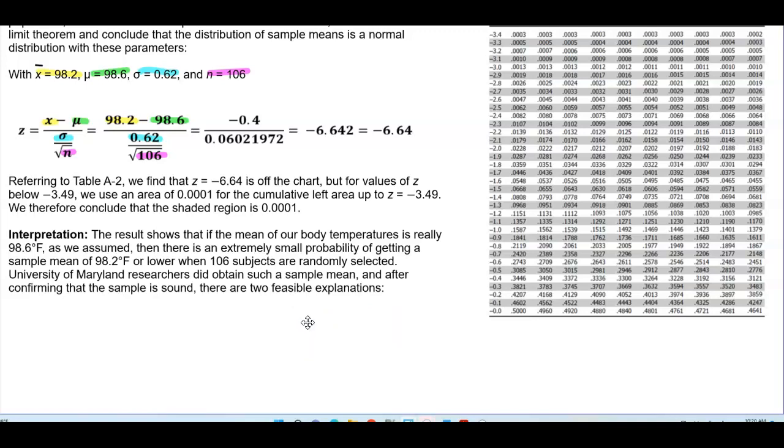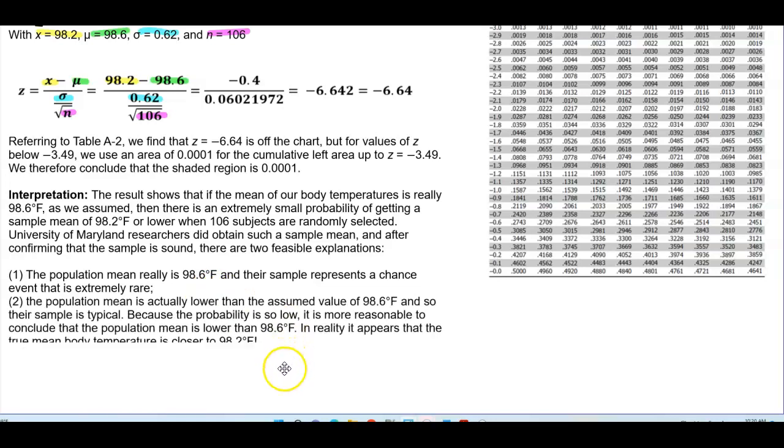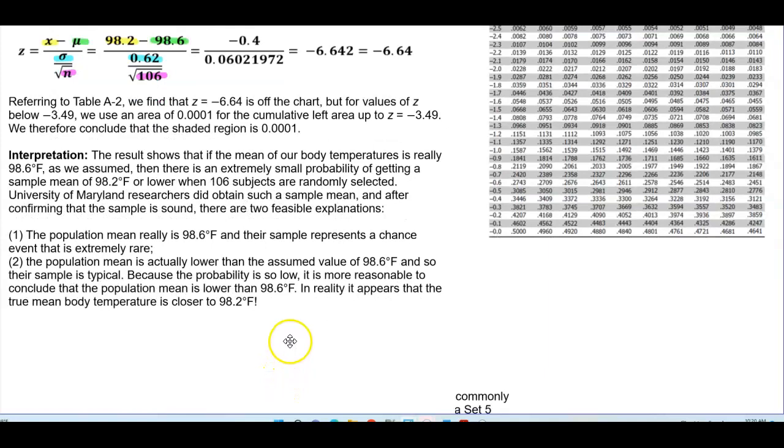University of Maryland researchers did obtain such a sample mean, and after confirming that the sample is sound, there are two feasible explanations. One, the population mean really is 98.6 degrees Fahrenheit, and their sample represents a chance event that is extremely rare. And two, the population mean is actually lower than the assumed value of 98.6 degrees Fahrenheit, and so their sample is typical.